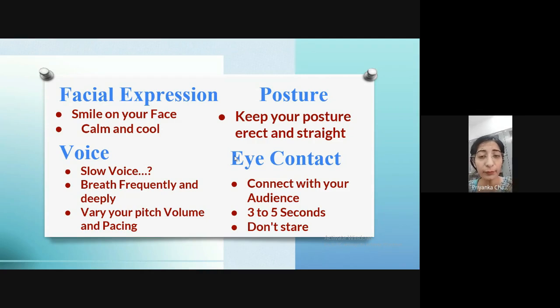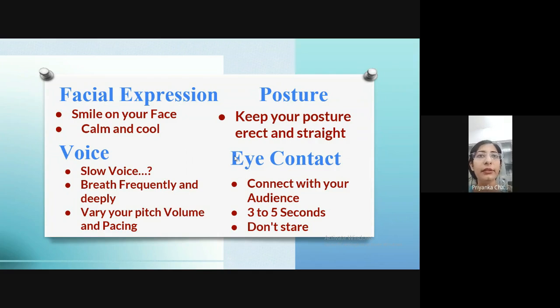Eye contact is also important. Connect with your audience with the help of your eyes, but do not stare for a long time. Only 3 to 4 seconds are enough to connect with the audience. If you look at the audience continuously, it does not seem good.